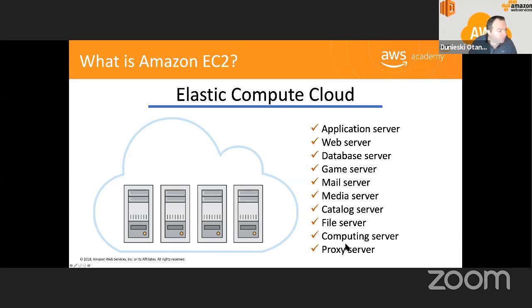Is EC2 important? Yes, it is. It's super important. You can use Elastic Compute Cloud to create any type of server in this list. So that's what you have to bear in mind: you can create several things with this EC2 instance.